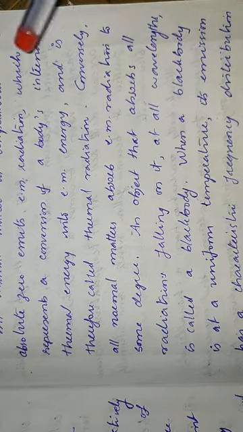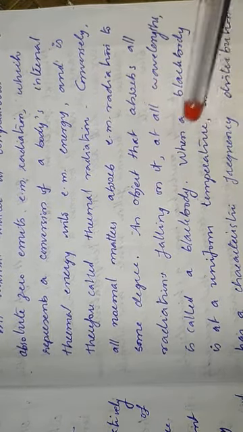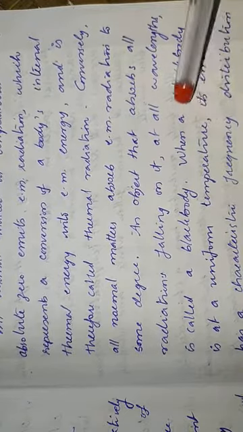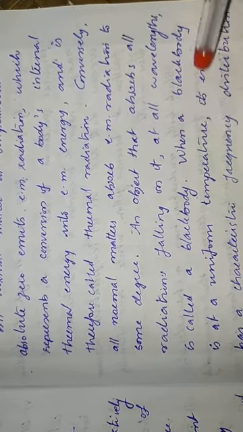When a black body is at a uniform temperature, its emission has a characteristic frequency distribution that depends on the temperature. This emission is called black body radiation. So what happens when its temperature is increasing? Suppose the body which absorbs all radiations at all wavelengths, which is called a black body, is at uniform temperature.